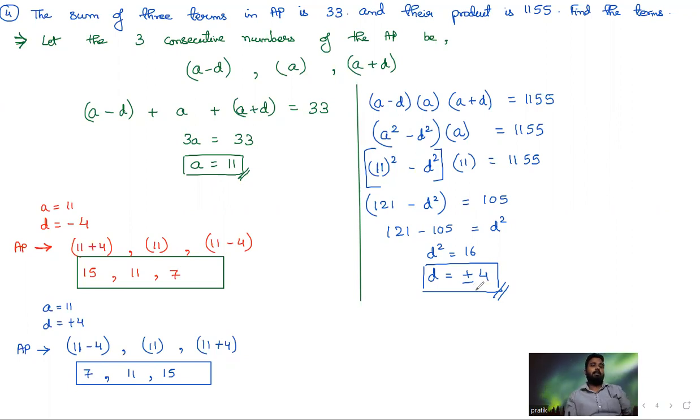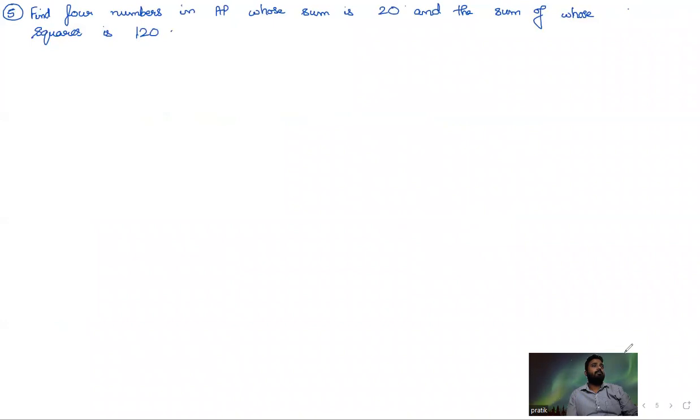Same thing, let's take the next example, which is based on 4 consecutive terms. Here they have mentioned to find the 4 members of the AP. So again, it's something related to consecutive terms.